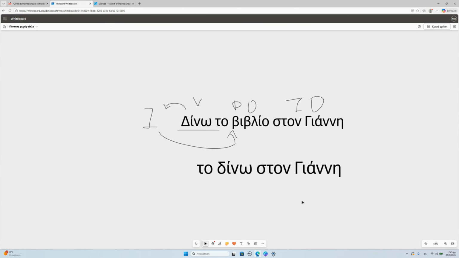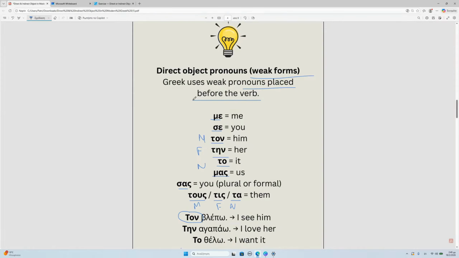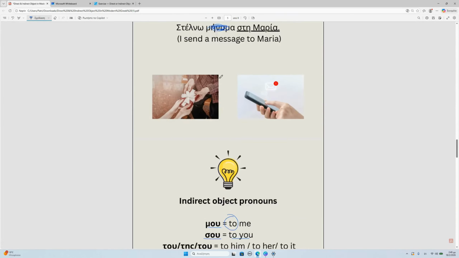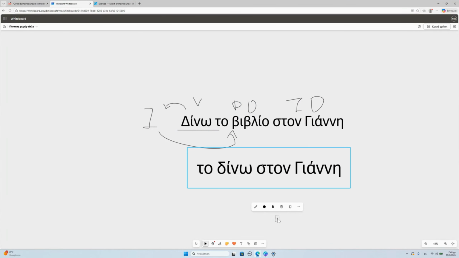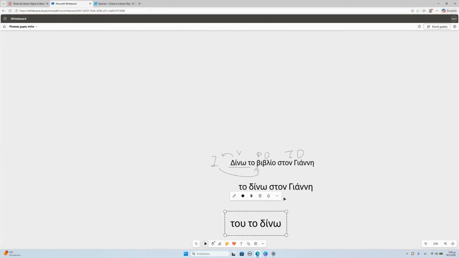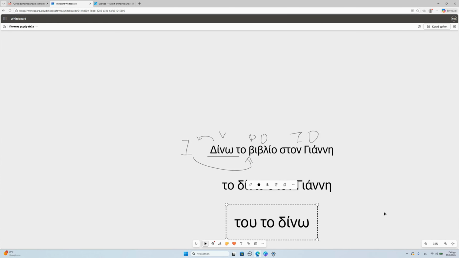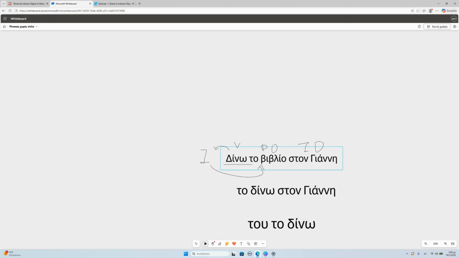Now let's also replace the indirect object, if we don't want to repeat ourselves. Στον Γιάννη is the indirect object. So we go here. Yannis, στον, to him, is masculine. So you have to say του το δίνω. Let's make it bigger so you can see. Let's start again.